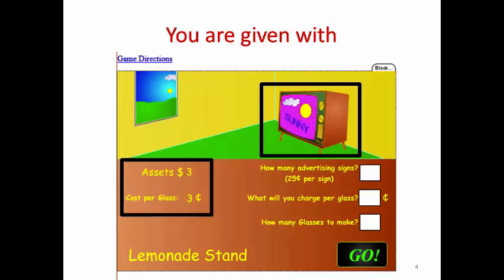So, you need to change the prices too. The assets reflect how much money you have in the bank at the start of each round. If you make more profits at the end of day 1, your assets will be higher at the start of day 2. If you have more assets, then you can buy more advertising signs.